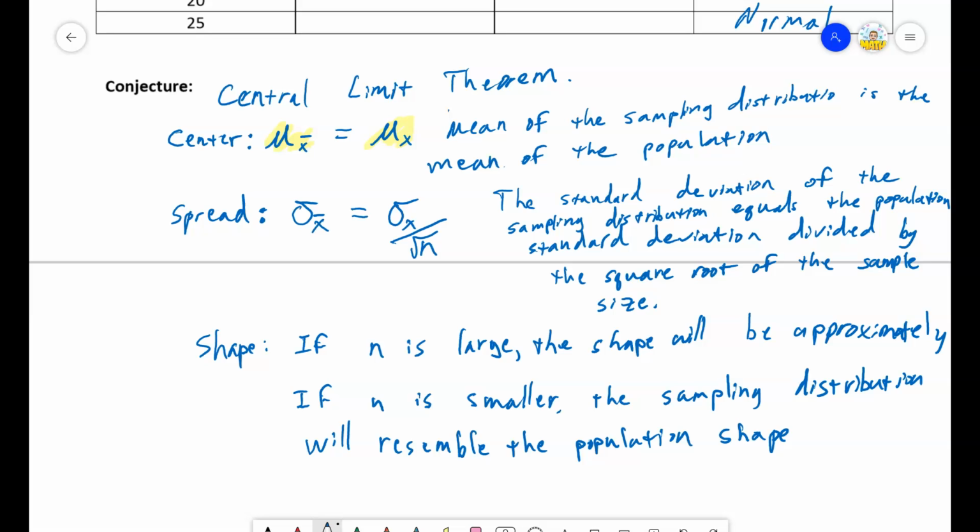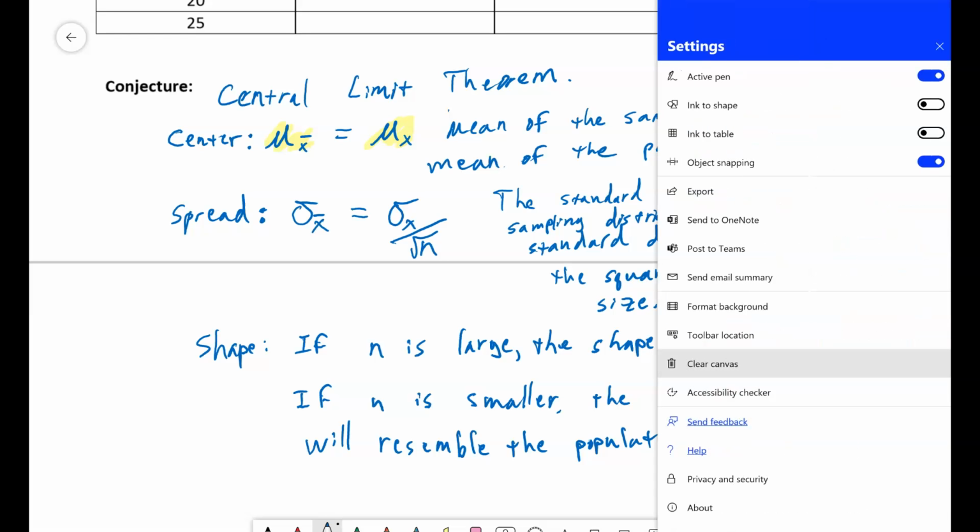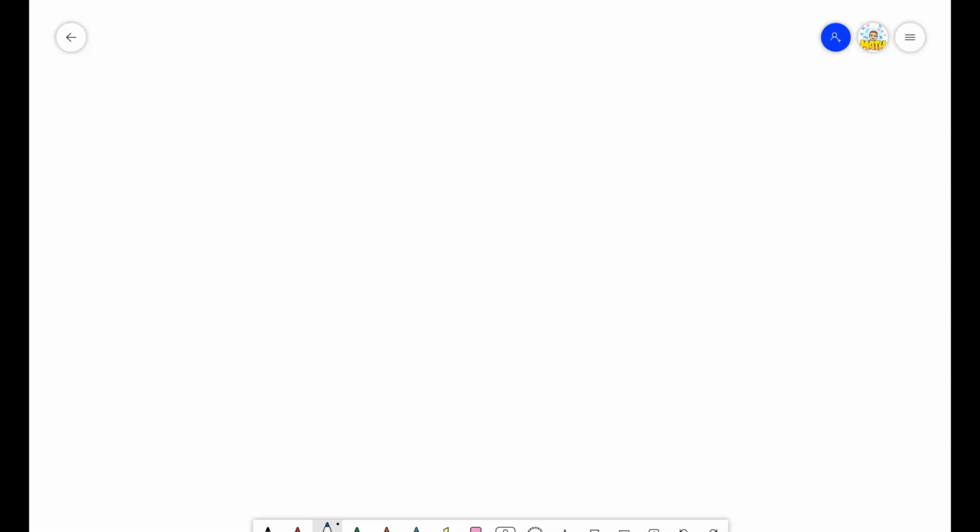Now, what we are going to be doing is applying them in two situations, basically. We are going to be talking about using this for proportions and for means. We want to estimate means and estimate proportions.